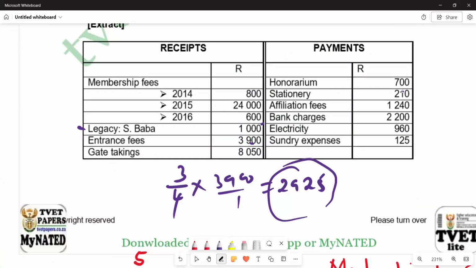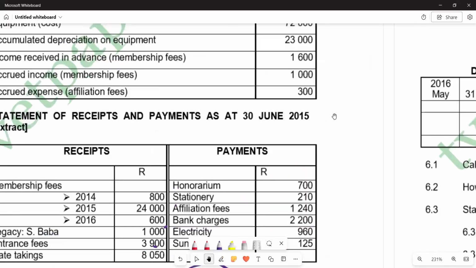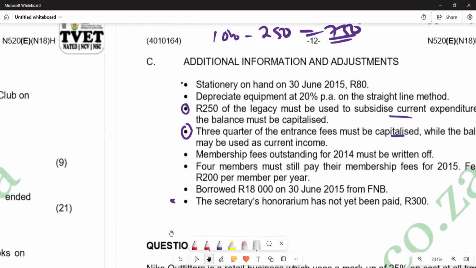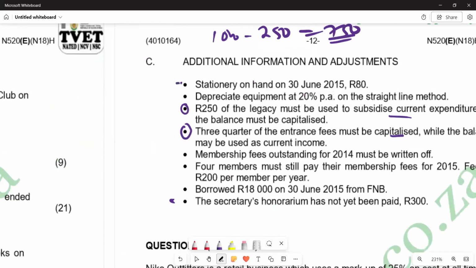So after entrance fees, we've got gate takings, which is 8,050. So we also go to the additional information to check if you've got anything that is affecting our gate takings. So we go from information one, the first point, to the last point, checking for anything affecting gate takings. You can see that we have got nothing that is affecting our gate takings.